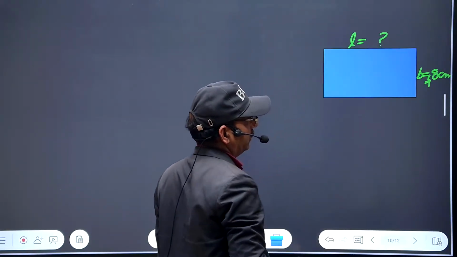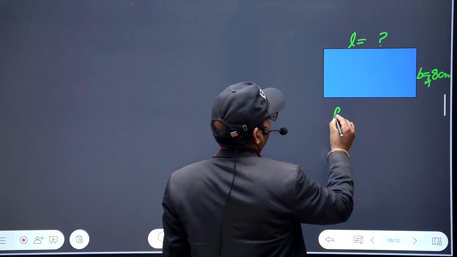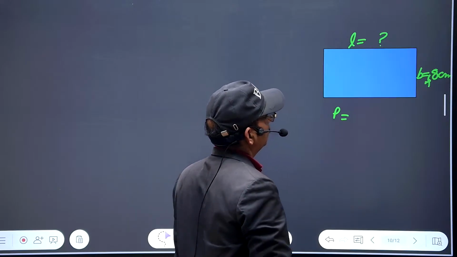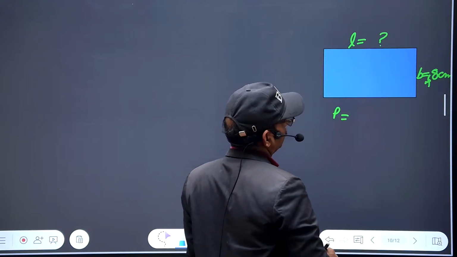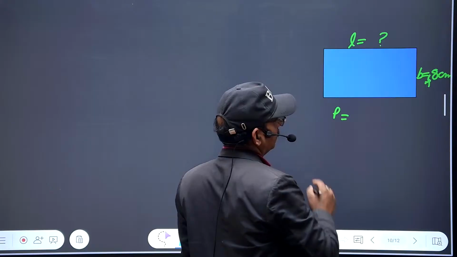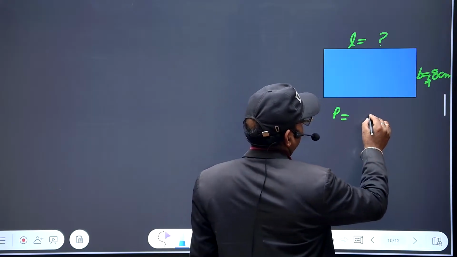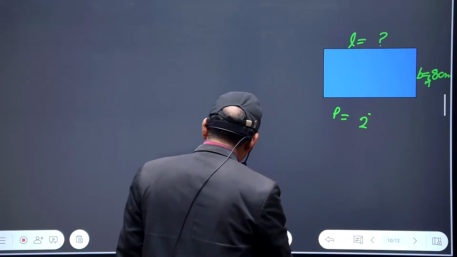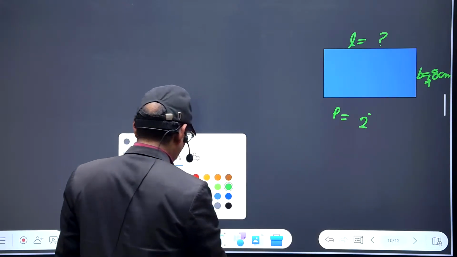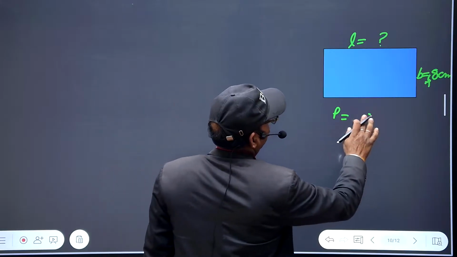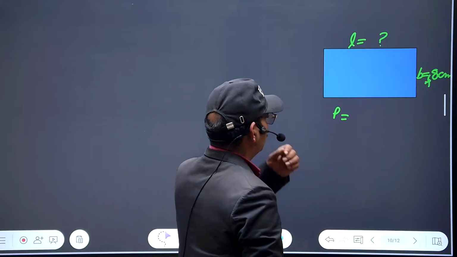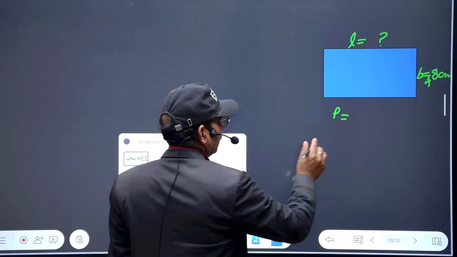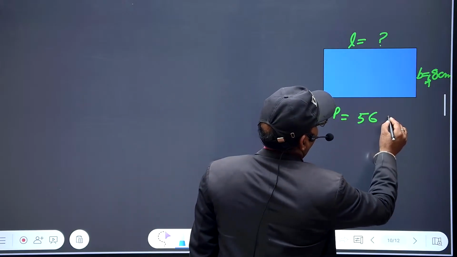You will find out the length, and perimeter is given 56 centimeter.